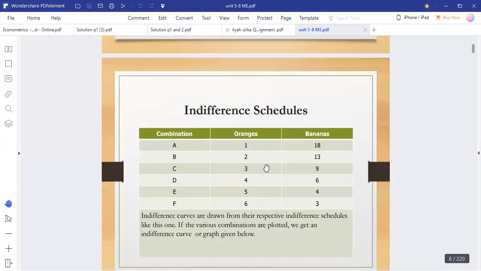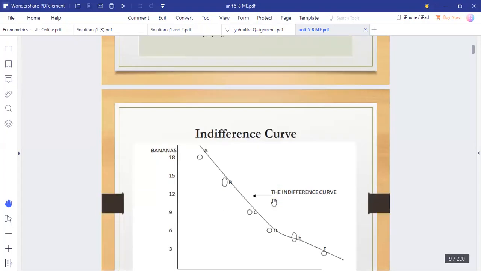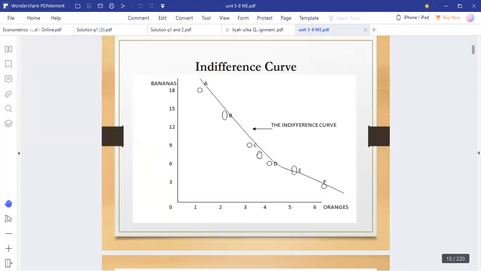So we're given the following schedules of mangoes and bananas. We're asked to come up with an indifference curve. So the indifference curve will look something like this, downsloping. So meaning each of these points A, B, C, D, E, F are all along this indifference curve. Satisfaction is the same.